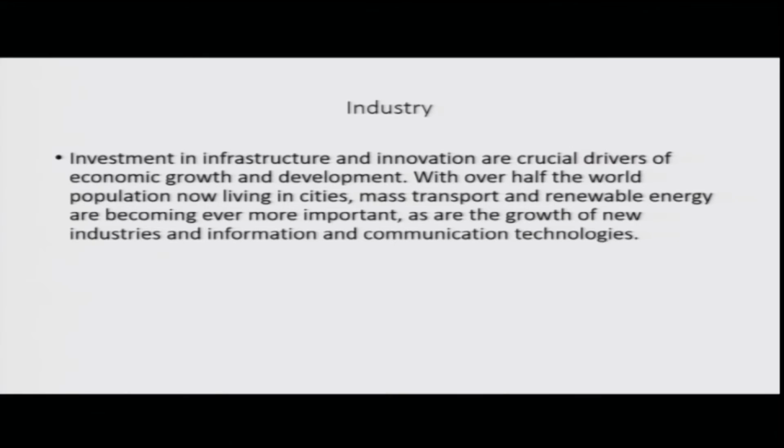Industry, investment in infrastructure and innovation are crucial drivers of economic growth and development in any country. With over half of the world population now living in cities, mass transport and renewable energy are becoming ever more important, as are growth of new industries and information and communication technologies. Now, there has been a rapid growth in urban population, especially in countries like China and India, which have huge populations.